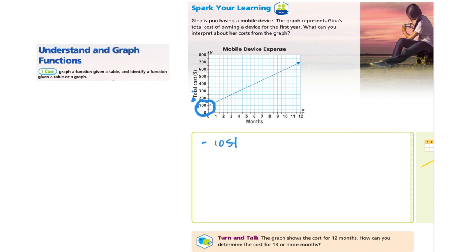So cost of device, sorry about that, is $100. Just a minute, I'm going to erase some of this. So that's kind of messy there. We can go back and see that the $100 is the cost for the device.